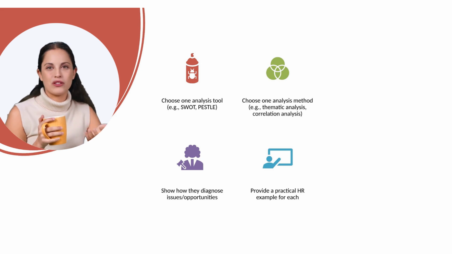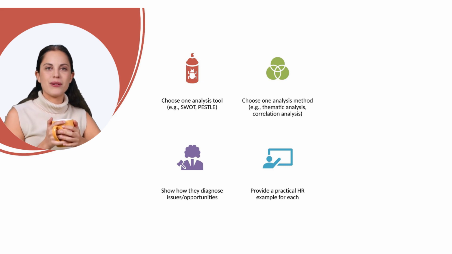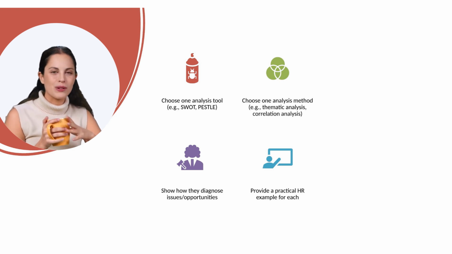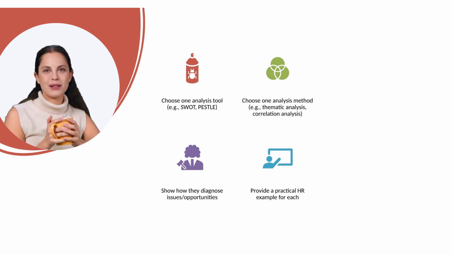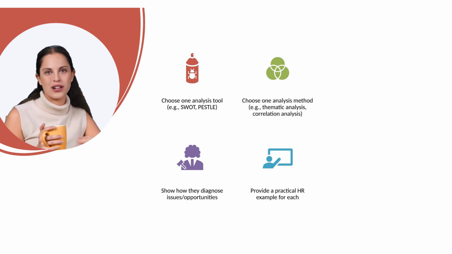For AC 1.2, explain the purpose of your chosen analysis tool and method. For example, SWOT analysis, strengths, weaknesses, opportunities, threats, can be used to examine internal capabilities and external risks in workforce planning. Alternatively, PESTLE explores macro-environmental factors like economy or legal changes.